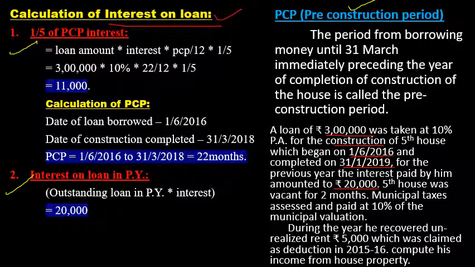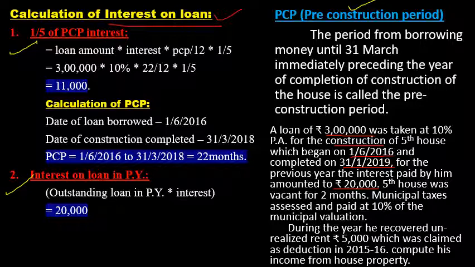So for the calculation of PCP, you need the date on which loan was borrowed and the date of construction completed. With the help of these two, you have to find out PCP. PCP is a duration.